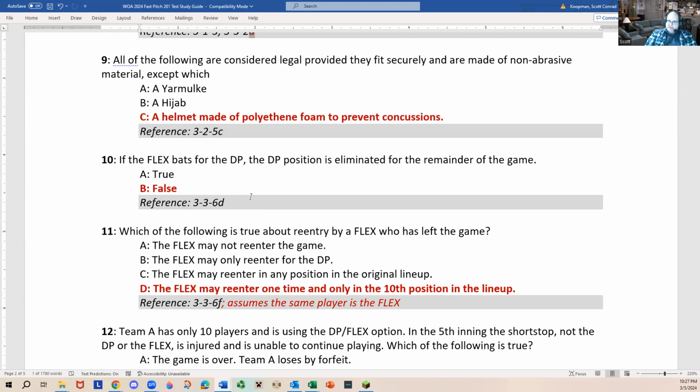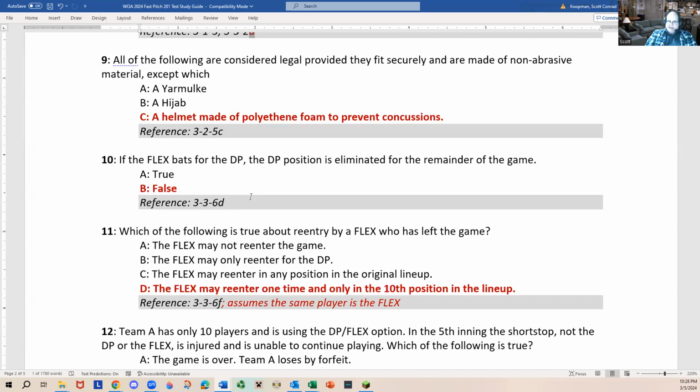Very specifically in 3-2-5, if you have religious articles or culturally sensitive articles like a yarmulke or a hijab, then those are allowed. They must fit securely. They must be made of non-abrasive material. A helmet made of polyethylene foam to prevent concussions, not legal, not allowed.